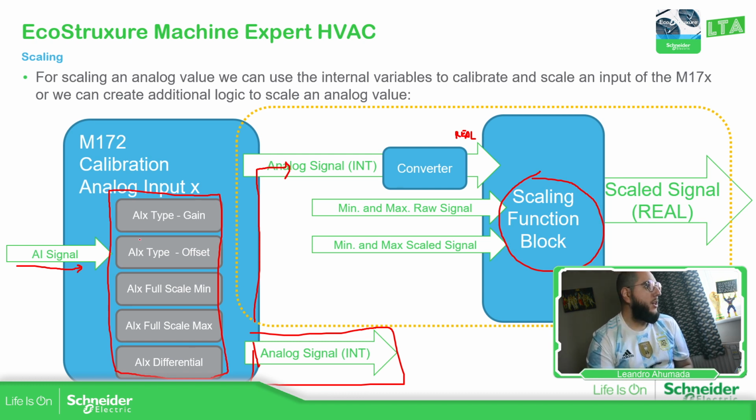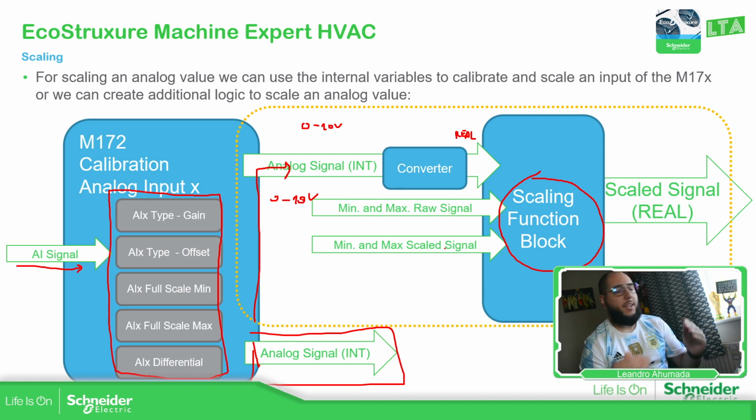For example, if I know that this one is a 0 to 10 volt signal, I can specify here that the raw value is 0 at 10 volts, and then the maximum and the scaling, so the points for the first grade equation to linearize this.